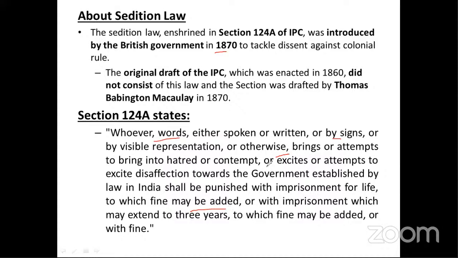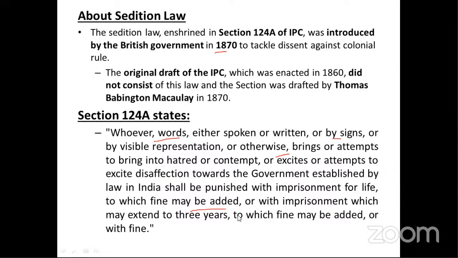It means the sedition law said that if any person, whoever means anyone, speaks any words, for example, in India there are many religious groups, with different beliefs and ideologies. Some believe in God, some don't believe in God.